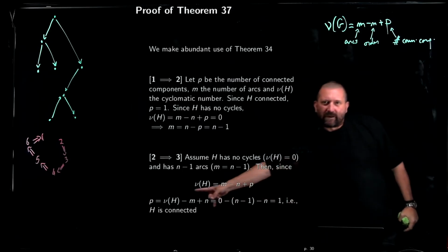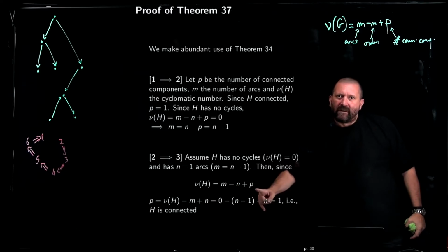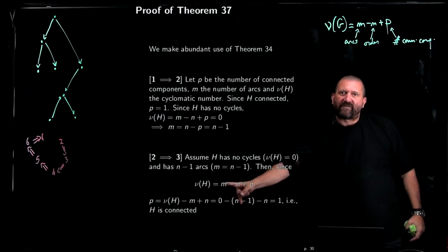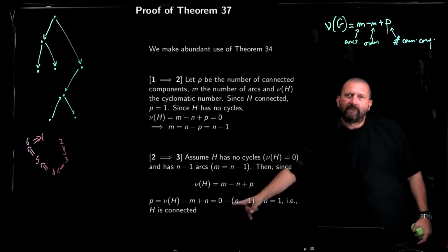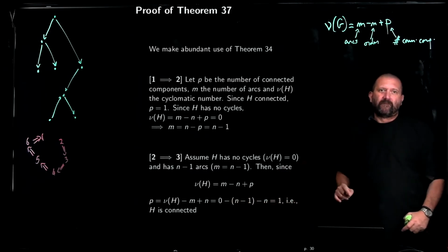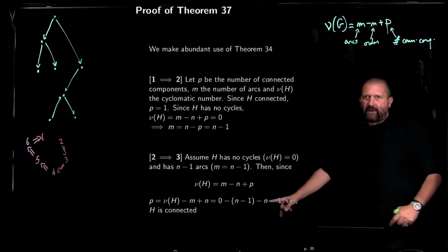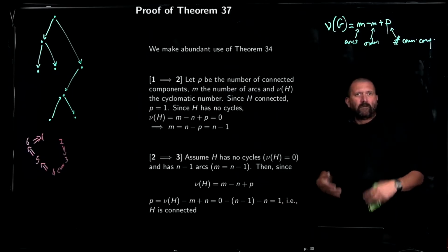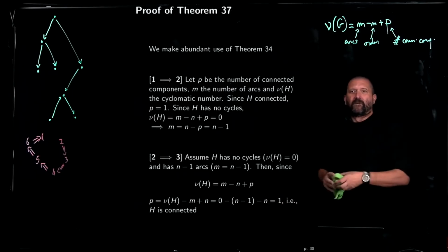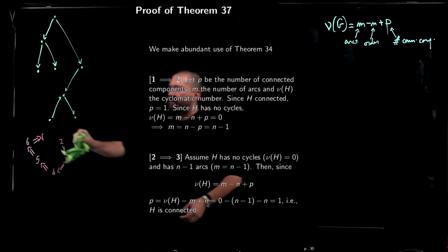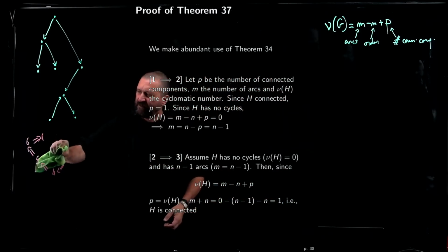Well, I compute that p now is nu of H minus m plus n. I substitute those values that I know, and that gives me that p is equal to 1. There's a single connected component. The graph is connected. So this is done.